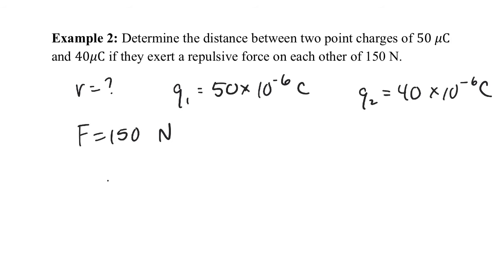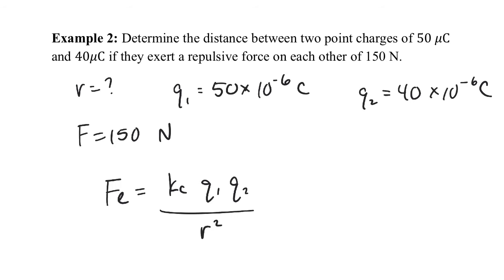Our formula is here. And the question is, figure out the distance. You can plug in everywhere and then solve for r squared and then square root it. That works. I'm going to solve algebraically because I think this is pretty easy to solve algebraically.